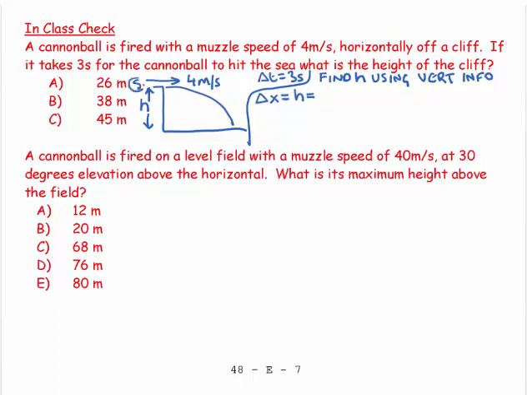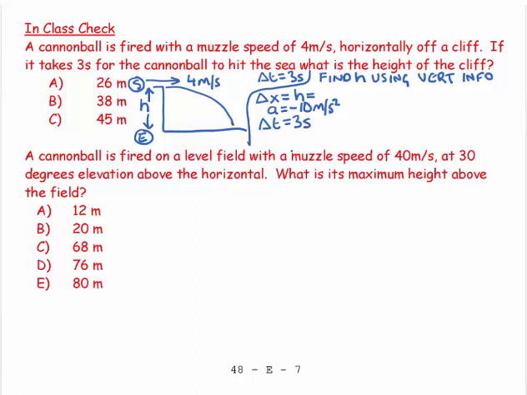Vertically, there's my start, and here's the end. And I know my displacement will be equal to h meters in length, but I don't know what it is. Oh, I know my acceleration. My acceleration is minus 10 meters per second squared, because I'm talking vertically now. I know my duration. My duration is equal to 3 seconds because I was given it.